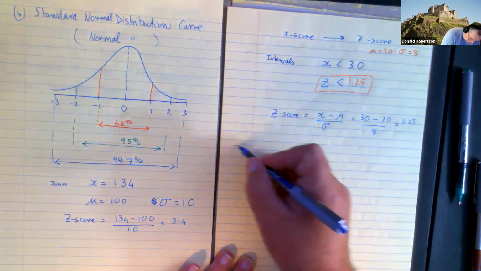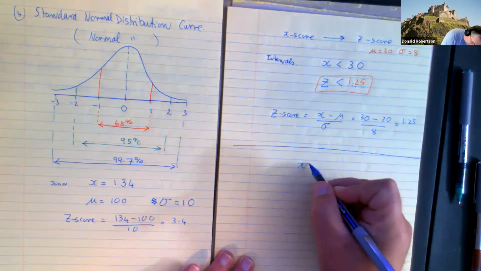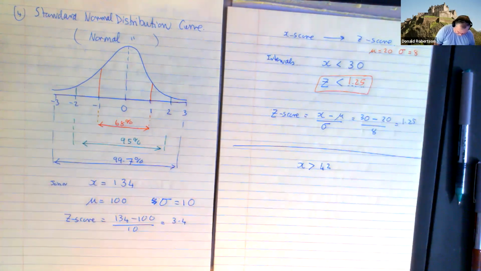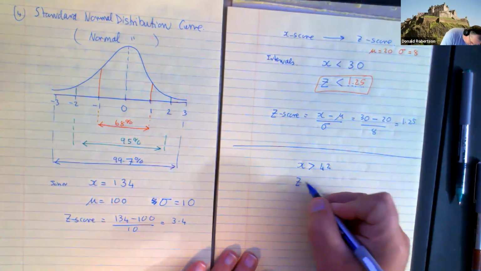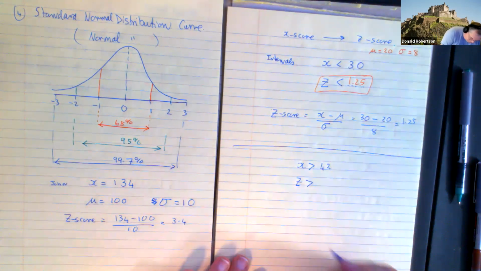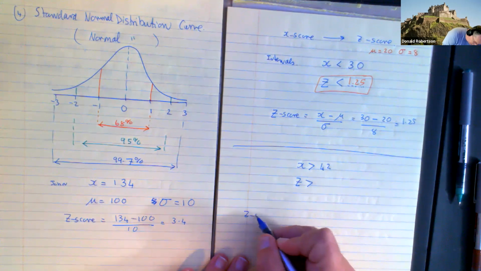That's the less than one. Suppose I went and said to you, X was bigger than 42, and I want to know what the Z score is. So it's obviously going to follow the same pattern. I'll find the Z score for it.